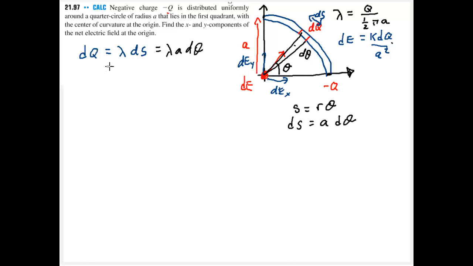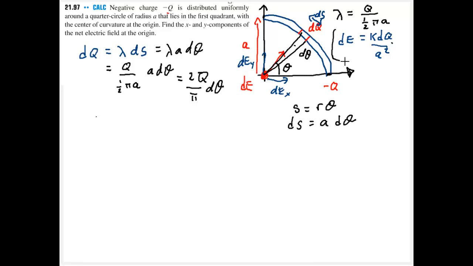Now we can substitute our lambda in and say that's going to be equal to q divided by 1/2 pi multiplied by a d theta. Do a little bit of simplification, and we're going to come out with dq is equal to 2 multiplied by q divided by pi d theta.